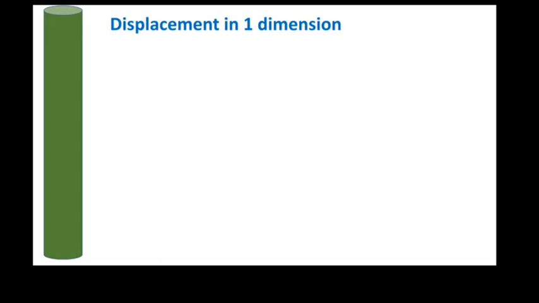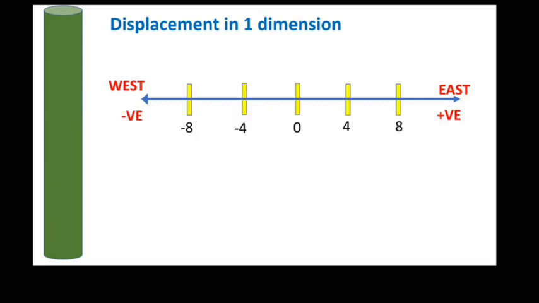In this video we're going to discuss displacement in one dimension. Now, when we discuss displacement in one dimension, we've got to appreciate this idea that if you move in one direction and then you consider the exact opposite direction, one of those directions has to be negative. Okay?